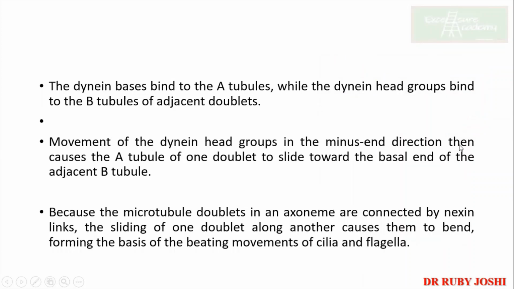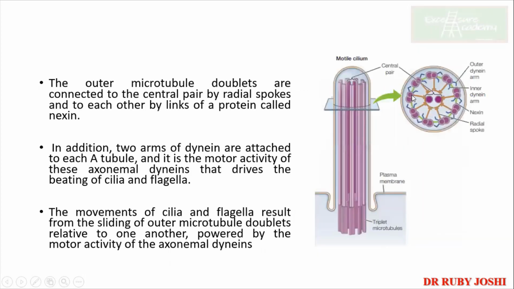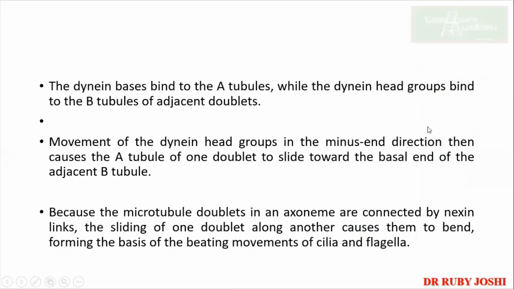The dynein bases bind to the A tubule while the dynein head groups bind to the B tubules of the adjacent doublet. See, here is your B, this is A, right? So the head will go towards B.